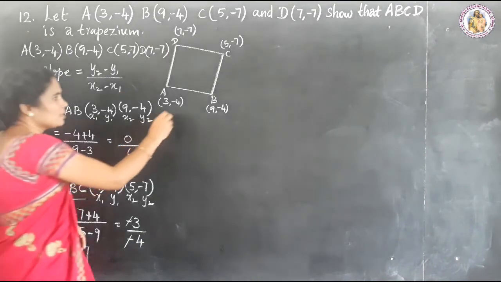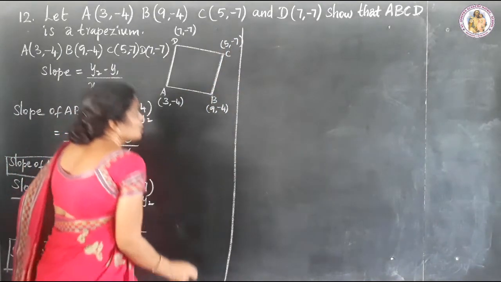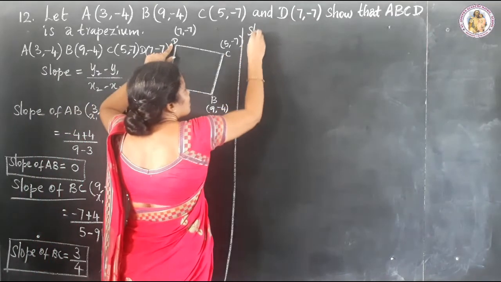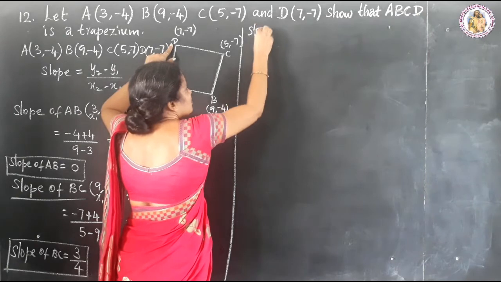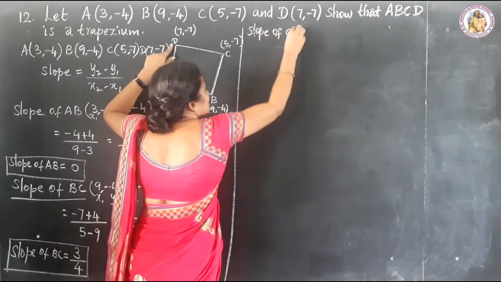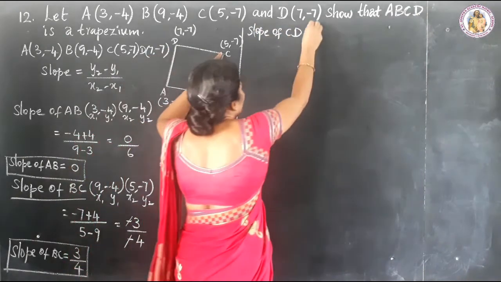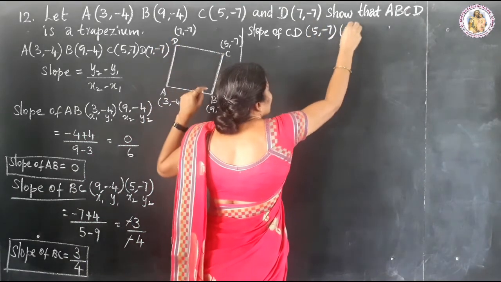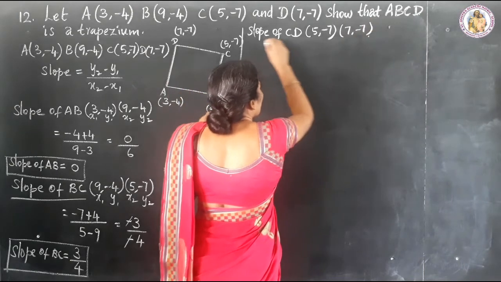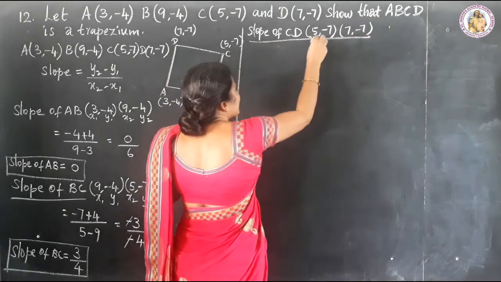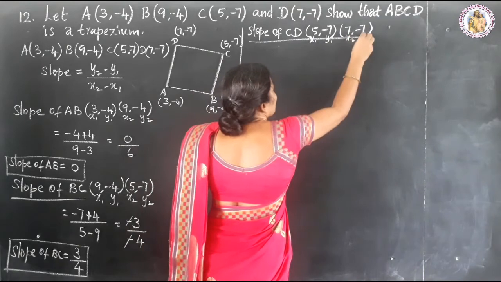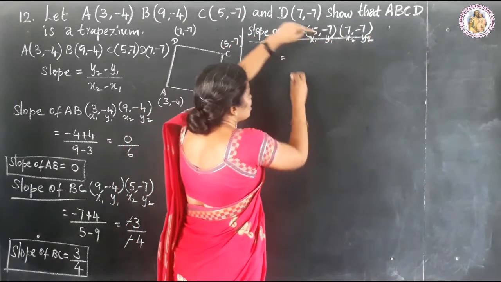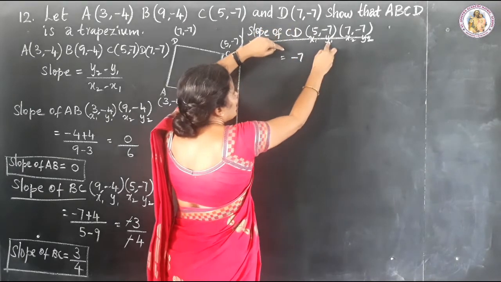Now the slope of CD. The points are C 5 comma minus 7 and D 7 comma minus 7. We are taking these as x1 y1 x2 y2. Now y2 is minus 7 and y1 is minus 7.